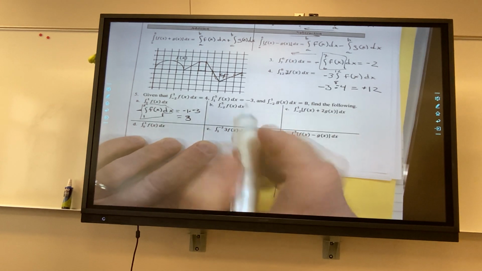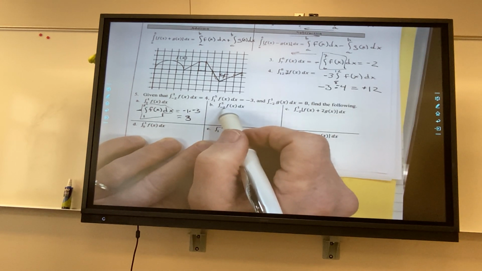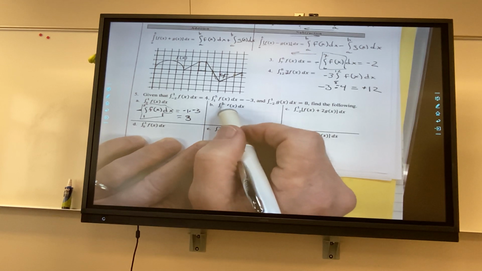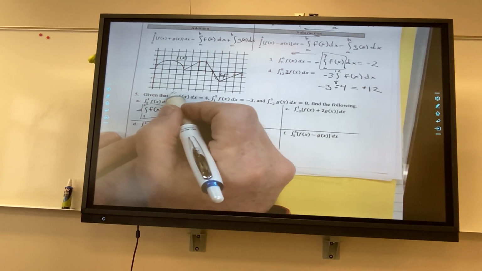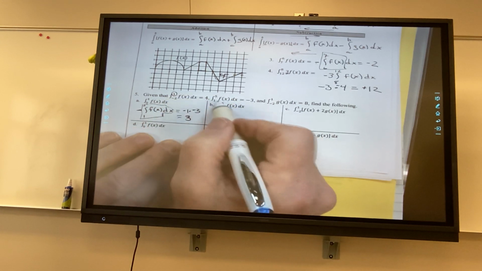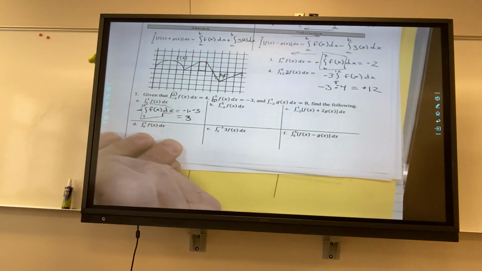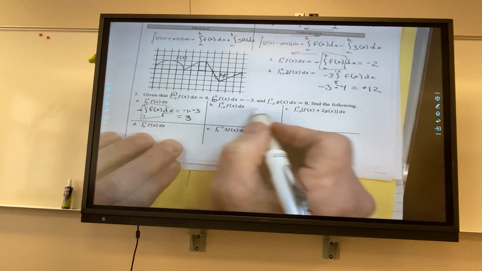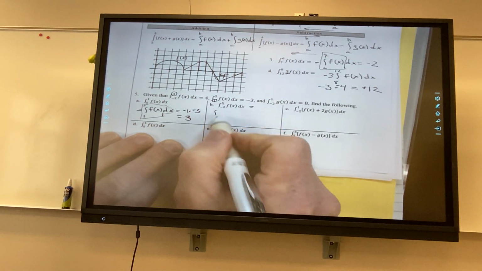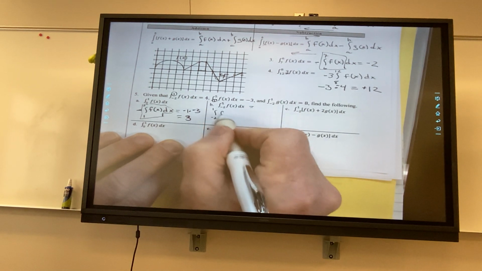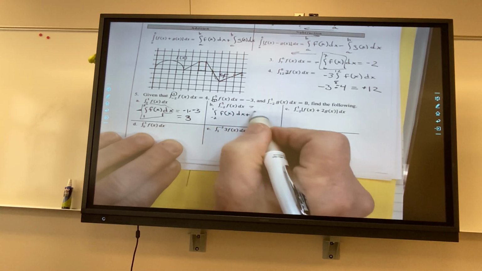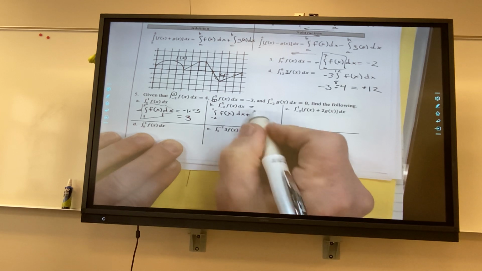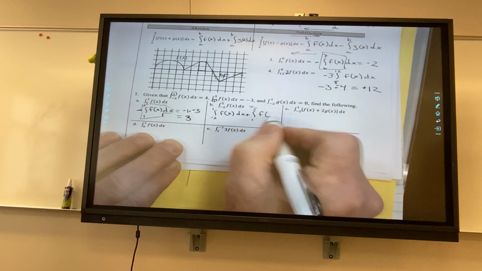Now, if you notice here, I have, Jonah, no -2 to 5, do I? No. But if you notice, I go from -2 to 1, and I go from 1 to 5, can't I? So this is going to be the same as the integral of -2 to 1 of f of x dx plus the integral of 1 to 5 f of x dx.